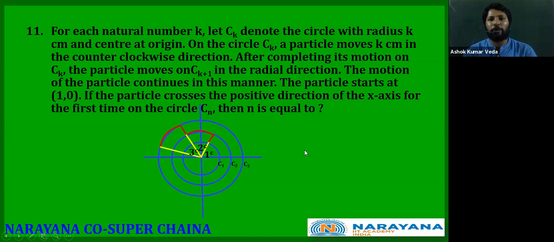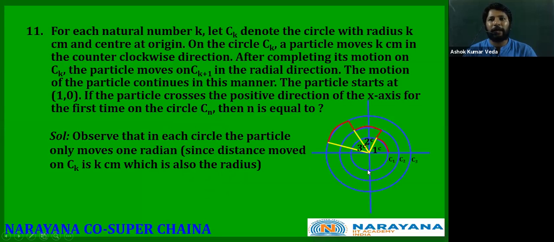All right. So what the question is asking is, when the particle follows this path, when does it reach the x-axis again? The first and most important observation here is that in each circle, the particle only moves 1 radian. Why is that so? Because the distance moved on ck is k centimeter, and the radius of ck is also k centimeter.